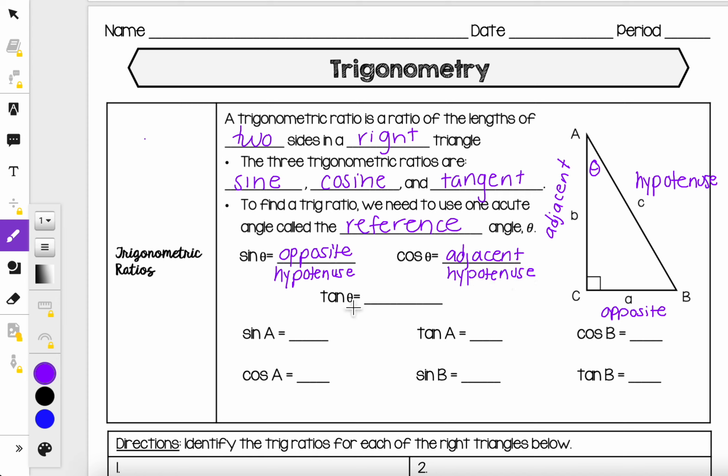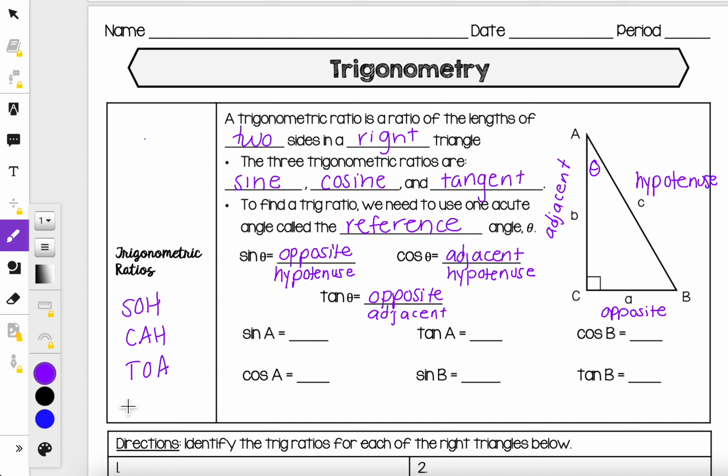And then the tangent, we use T-A-N for abbreviation, is going to be your opposite side over the adjacent side. The way that we can remember that is using this acronym, SOHCAHTOA. If you've ever heard of SOHCAHTOA, this is what it stands for. Sine is your opposite over hypotenuse. Cosine is your adjacent over hypotenuse, and tangent is your opposite over adjacent.